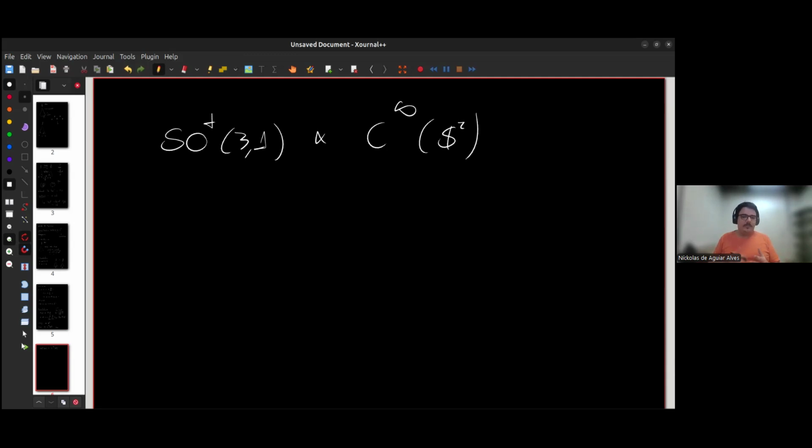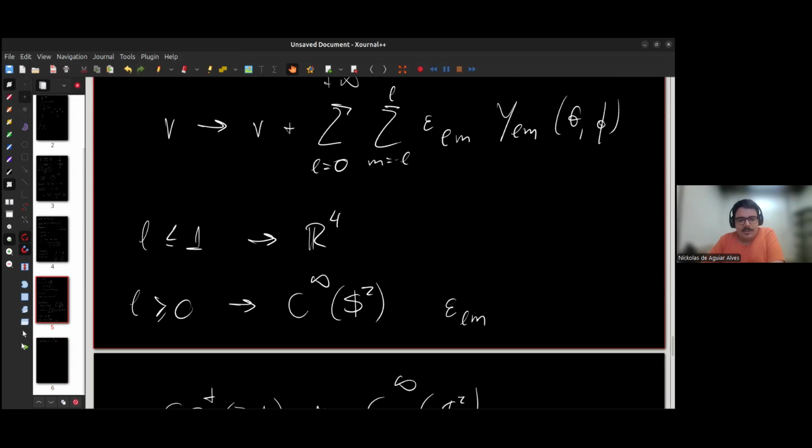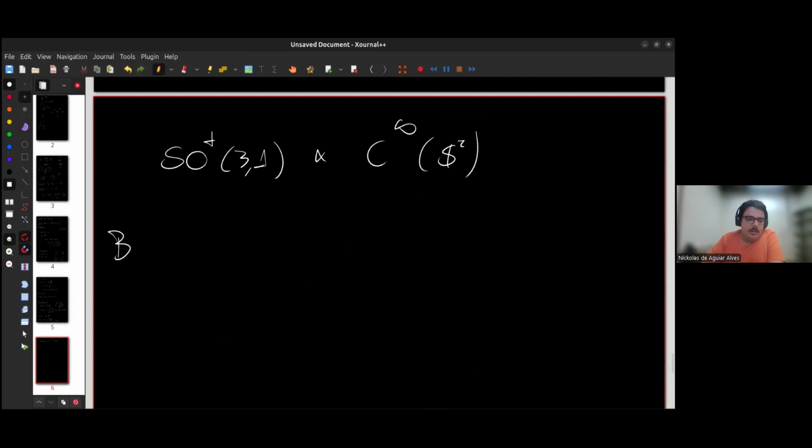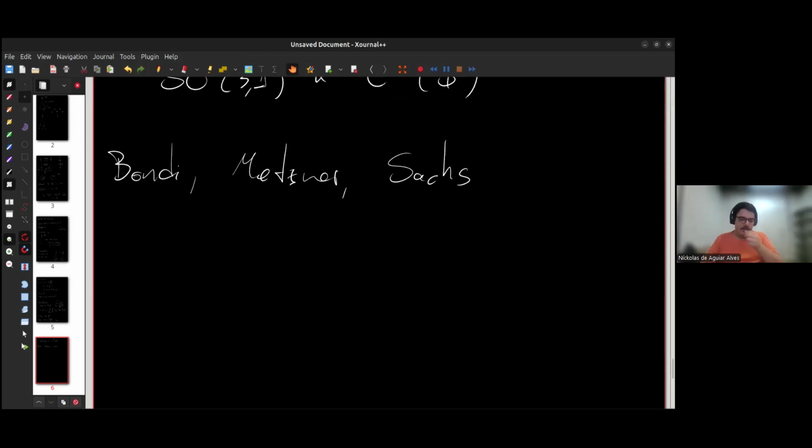So there's no reason for me to consider this group any more seriously in relativity, except for the fact that this analysis, while I'm telling it in this way, I'm not telling in the historical approach. And what happened historically was that Bondi, Metzner, and eventually Sachs were concerned with the symmetries that you get for asymptotically flat spacetimes at infinity. So you have some spacetime in which you have, for instance, maybe a black hole, maybe a star, anything compact, and you go very far away from it.